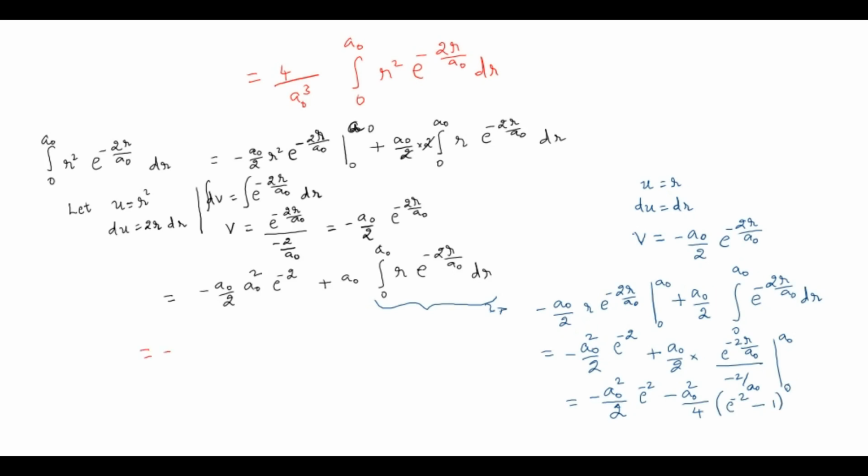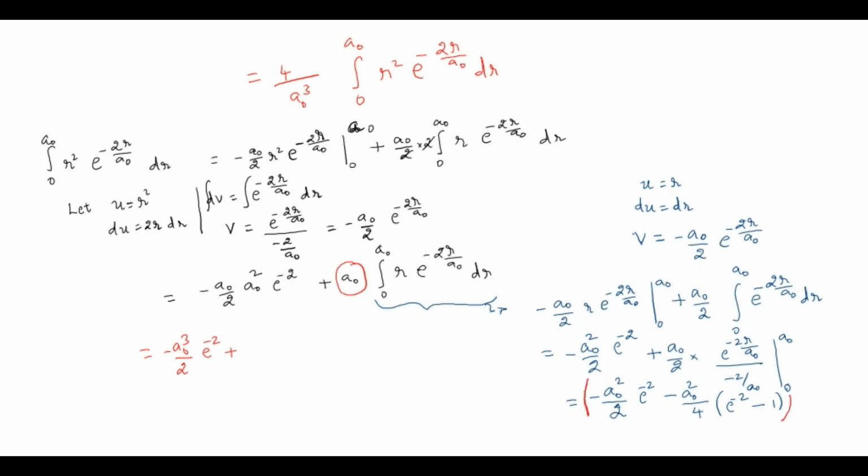So this is minus a naught cube by 2 e power minus 2, and this is the bracket term: a naught times this entire term. So let us multiply this.